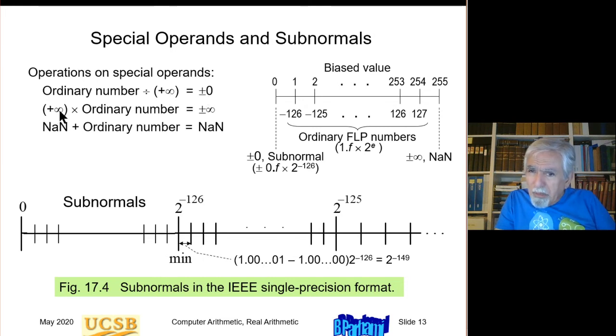When you multiply plus infinity by an ordinary number, again you get plus or minus infinity depending on the sign of this number. When you operate on a nan and an ordinary number, the result is nan. So an undefined value added to some ordinary number, the result is undefined. These are all logically intuitive, they make sense.